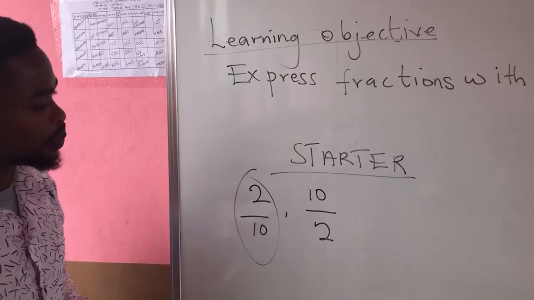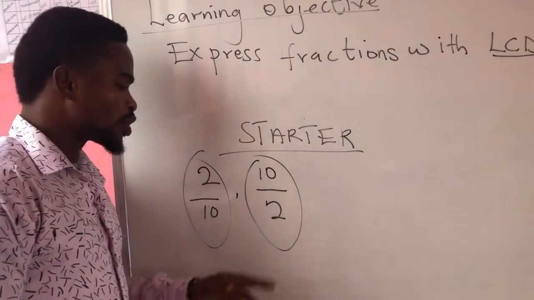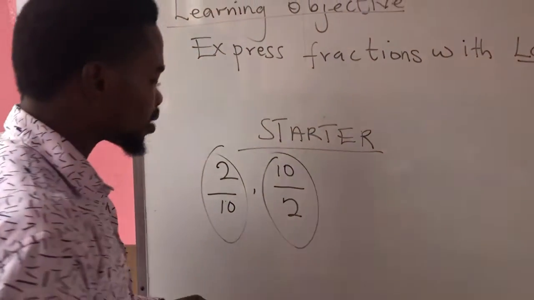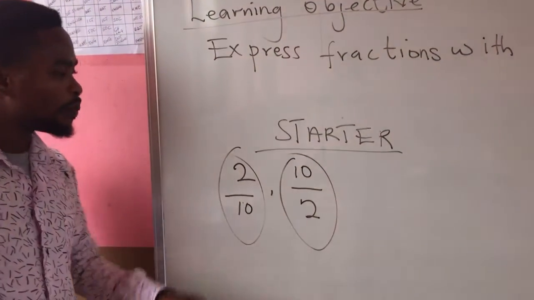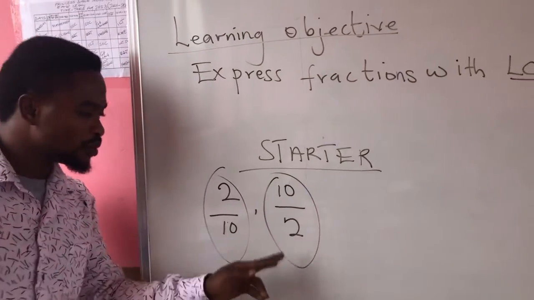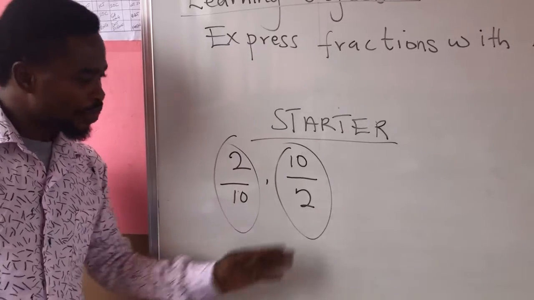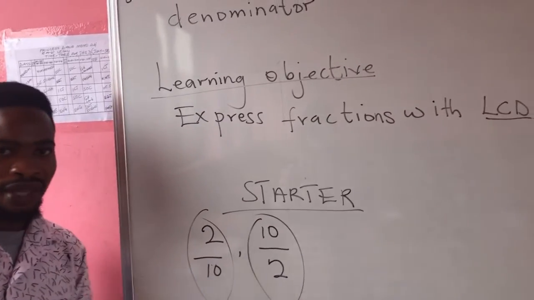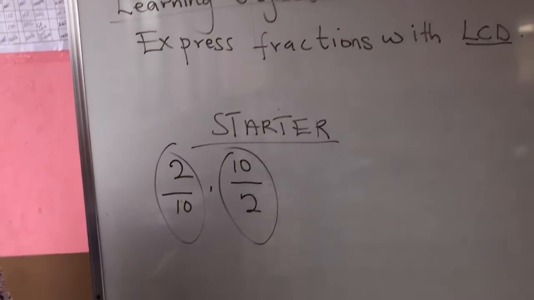The second fraction is an improper fraction, because the numerator is greater than the denominator. These are the two comparisons that will help you to know the types of fraction that you meet in mathematics.